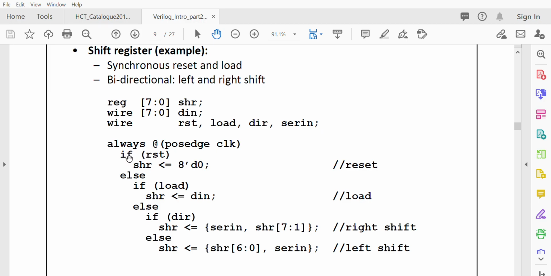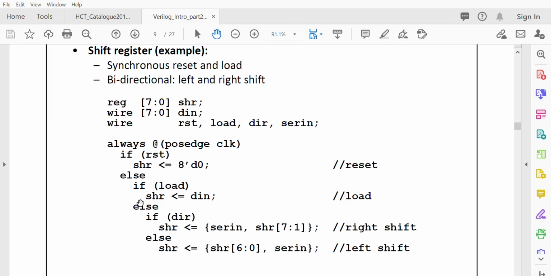So here we reset the shift register to 0, and then if load is asserted, we load the parallel inputs directly into the shift register. Else, if the direction is 1, then we are shifting to the right. So SHR will shift by 1 position to the right, else we are shifting by 1 position to the left by using the serial in.